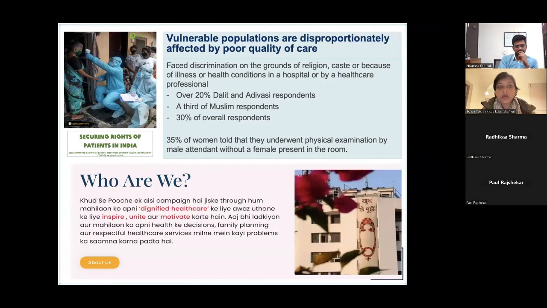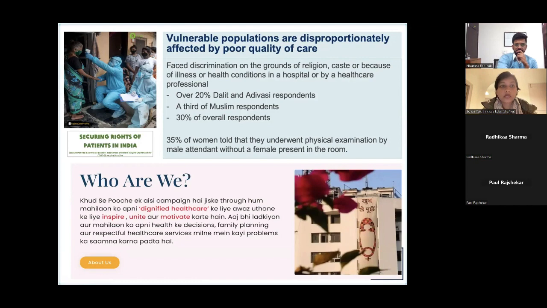Also, people who are from vulnerable populations are worse affected by quality gaps. This was a recent study. On top, there is a recent study from Oxfam in blue. In the study, over 20% of Dalit and Adivasi respondents reported feeling discriminated against in a hospital or by a healthcare worker.